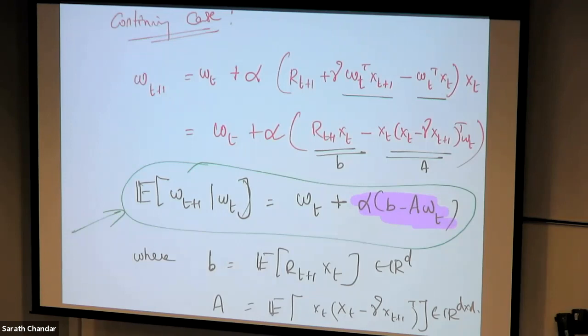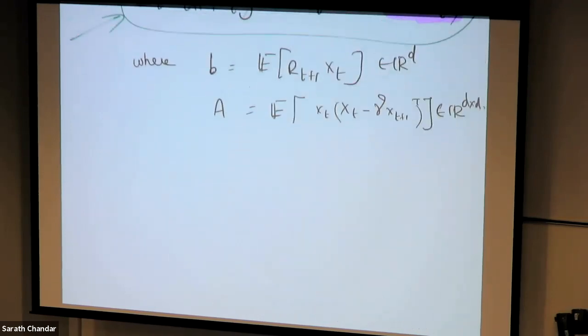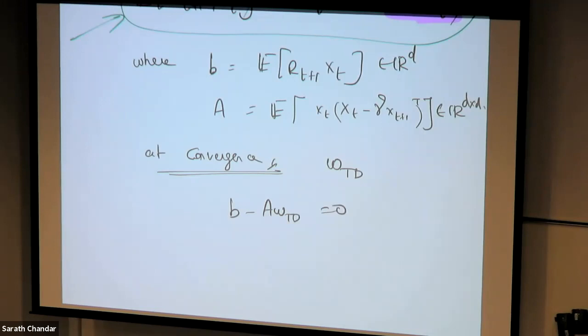Okay, so let us write that first. When this algorithm converges, let us say it converges to some W, which is WTD. We know that B minus A WTD is going to be equal to 0, right?